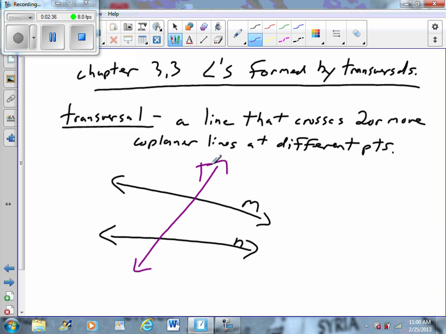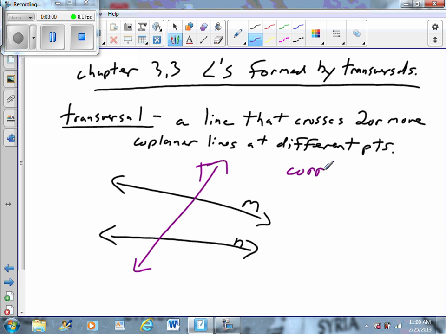So when we have a situation where there is a transversal cutting across two or more coplanar lines, different types or pairs of angles are generated as a result of this. Okay? So you've got a number of different types of angles, all right? You've got corresponding angles.